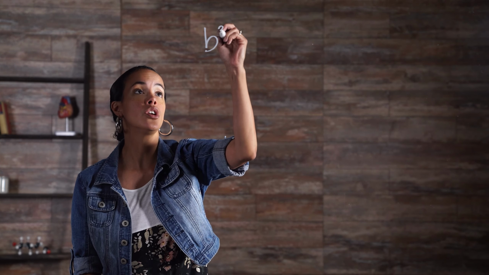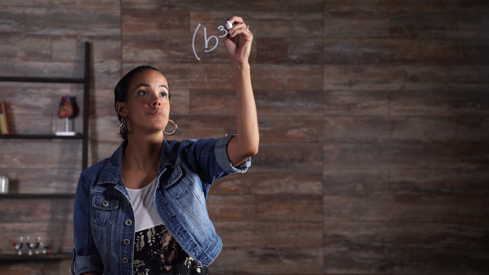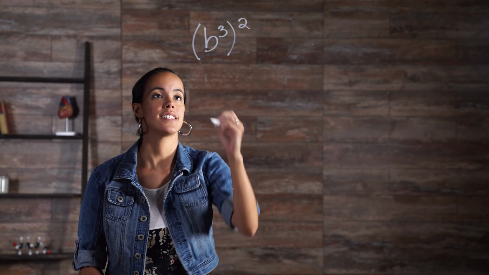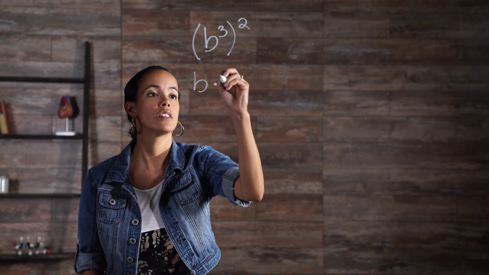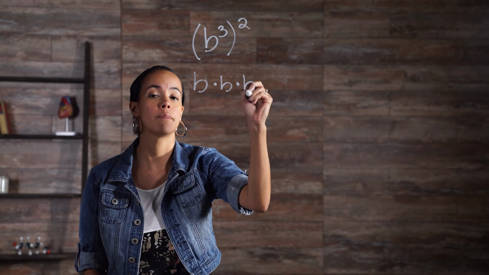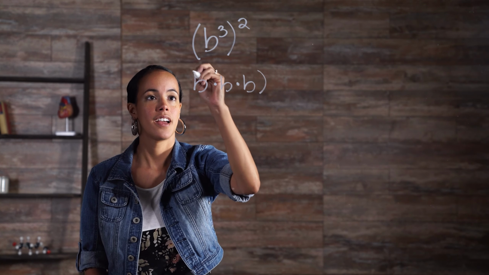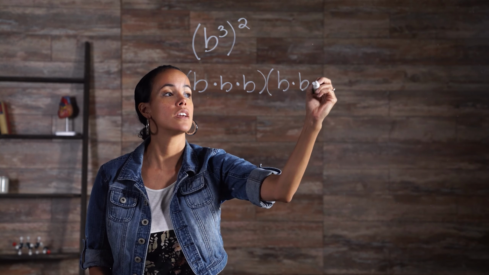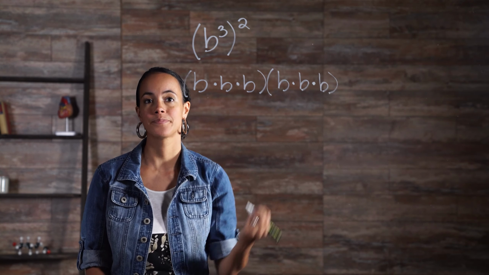The power of a power property allows us to raise a power to another exponent. Once again, expanding an expression makes understanding the rule a bit easier. Suppose the power b cubed is squared. In expanded form, it would look like this. b times b times b times b times b times b.